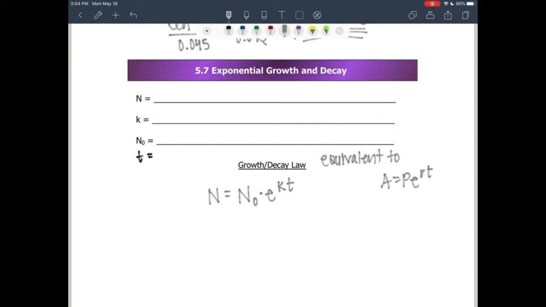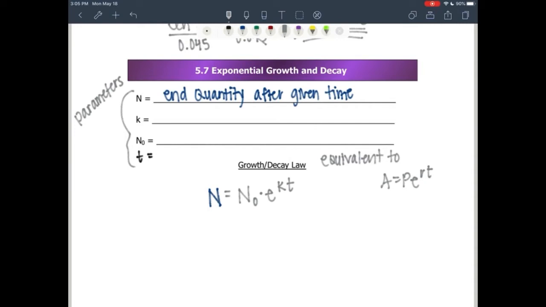So N is going to stand for the end quantity. That's the amount we have at the end after a given time. And again, these letters are not variables. These are called parameters. So we're going to be given some of these values in our problem. They're not going to change for any particular problem.